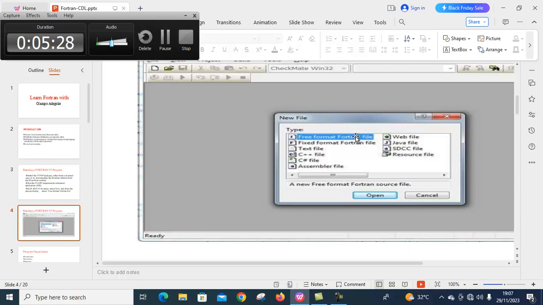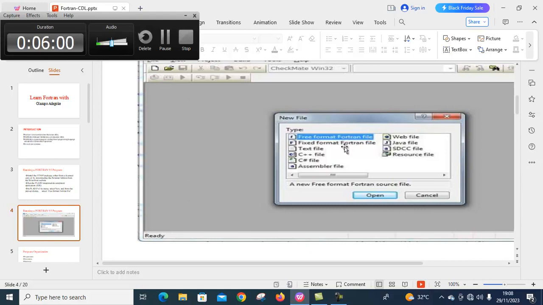The main reason is that when you talk about Fortran 77, there are some rules and guidelines that you have to follow in terms of the writing of comments, in terms of the columns, but this does not apply to Fortran 95.